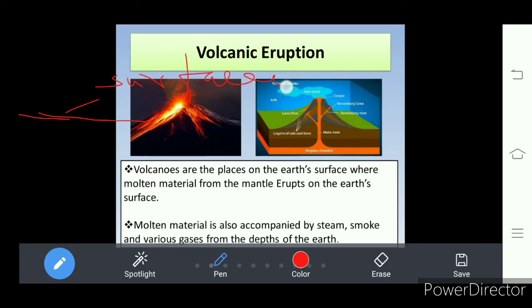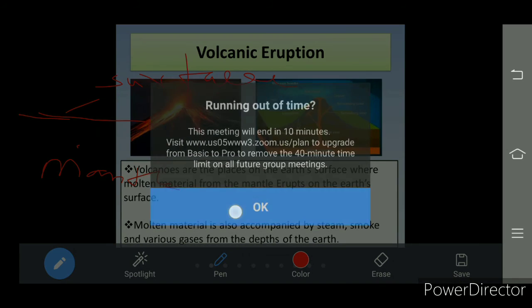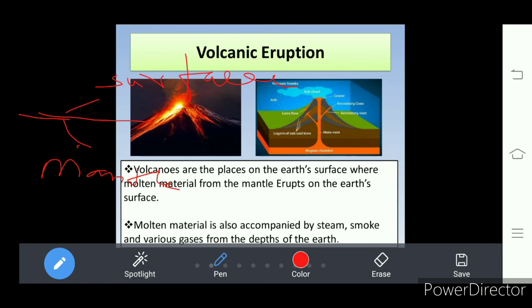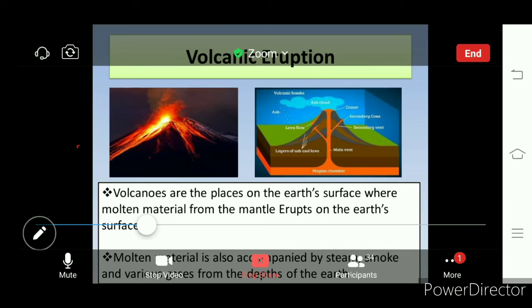So this is the mantle. Molten material from the mantle is erupting out from this place. It erupts out with a lot of pressure, leading to a volcanic eruption that leads to the formation of volcanoes.